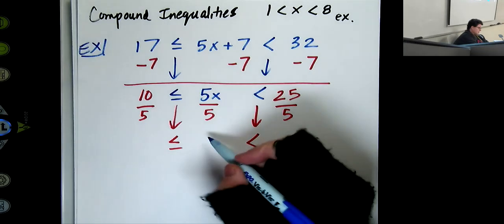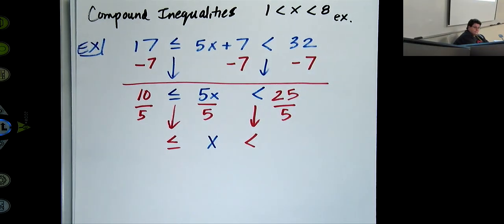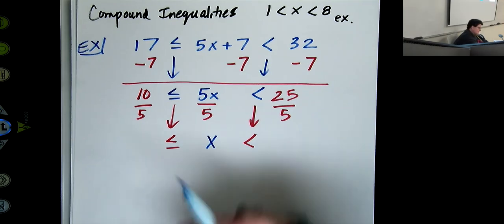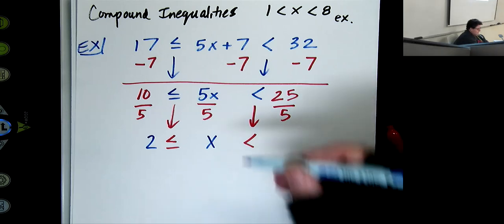I'm left with x in the middle. 10 divided by 5 is 2. And 25 divided by 5 is 5.